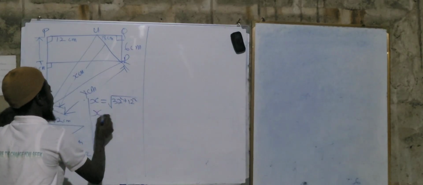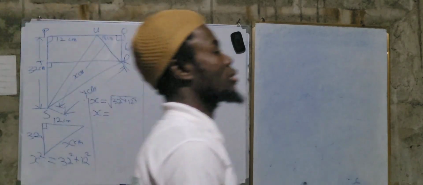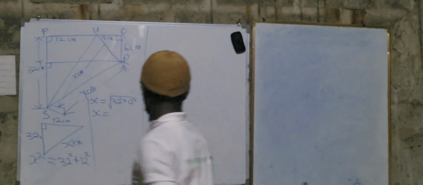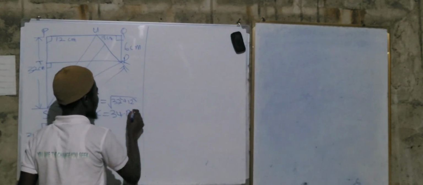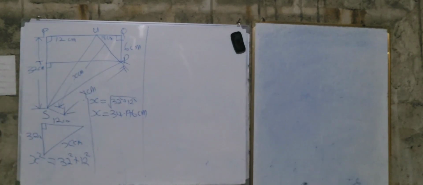What is that now? X is now equal to 34.176 centimeter. Are we okay here?